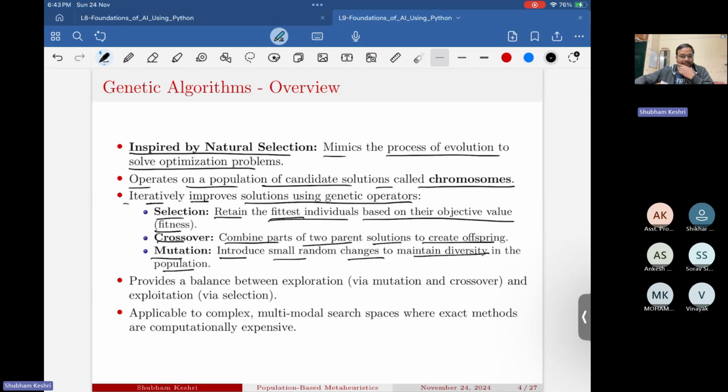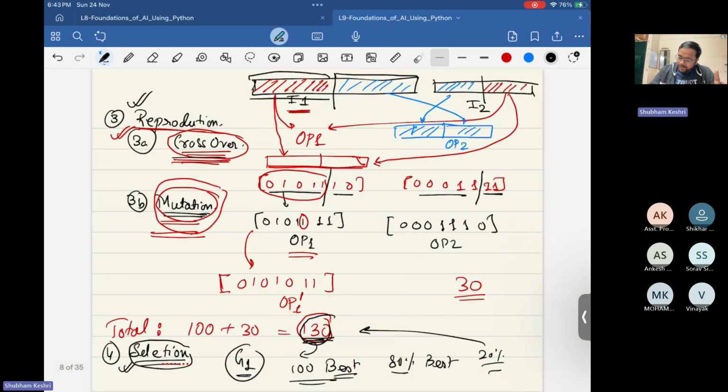And for crossover and mutation, there are rates. When you have, suppose, 30 parents, you can say that for each pair we will do crossover. So the rate is 1.